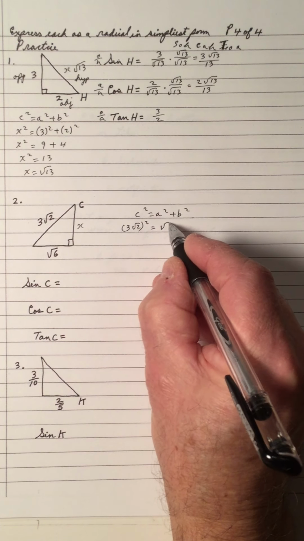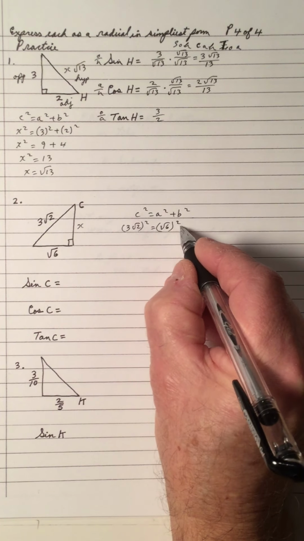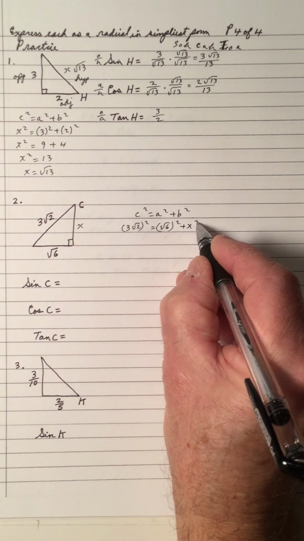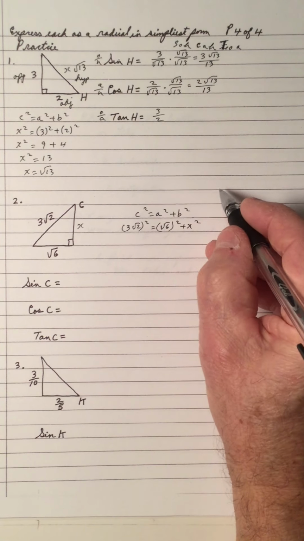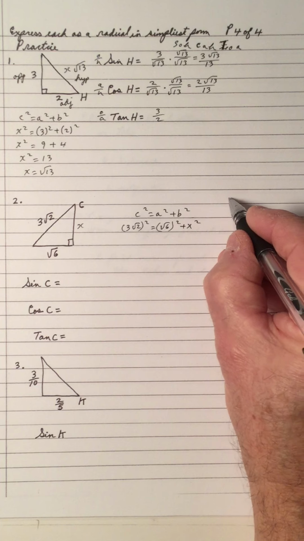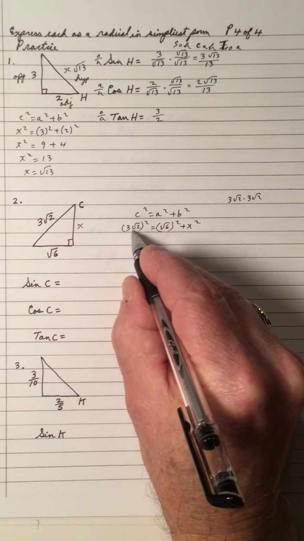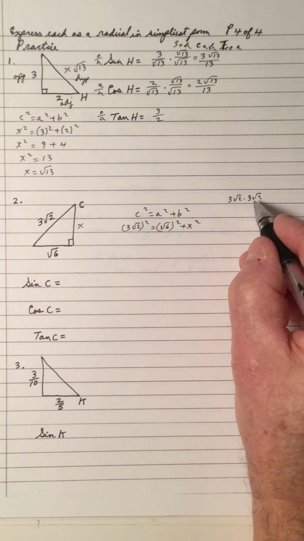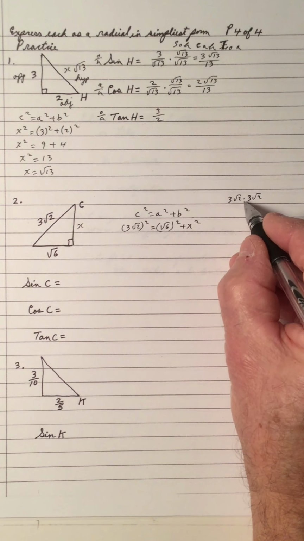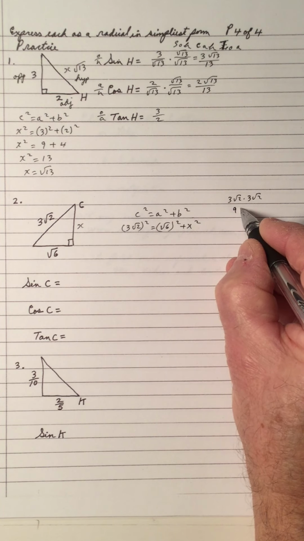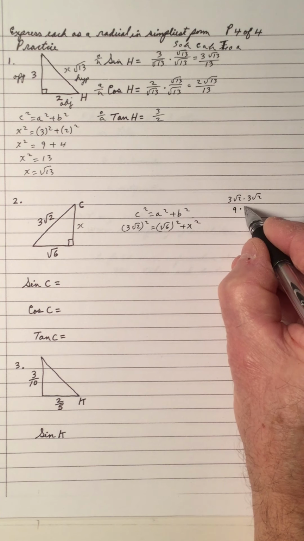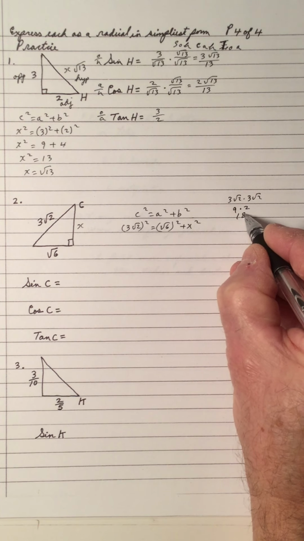A is root 6, and b is x. Now I need to do 3 root 2 times 3 root 2. I'm going to square, so I'm multiplying. I'm doing it on the side. So I go 3 times 3 is 9. Root 2 times root 2 is 2. So that gives me 18.